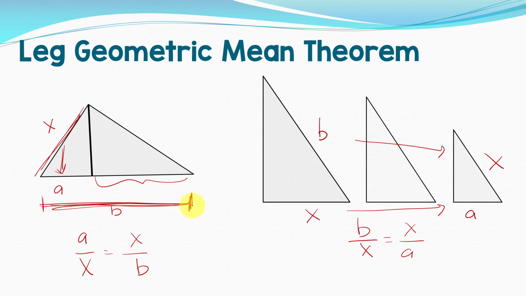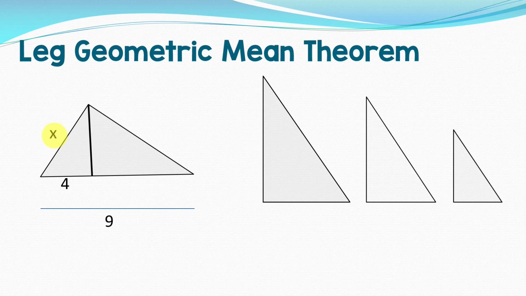So B is the total. Okay. And now we're going to say x squared equals A times B. X equals the square root of A times B, if you're going to solve that out. Okay, let's take a look at an example.